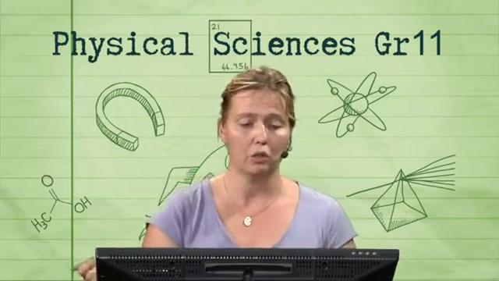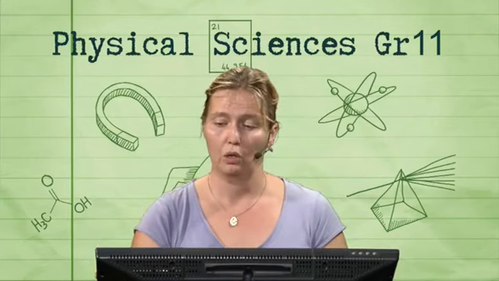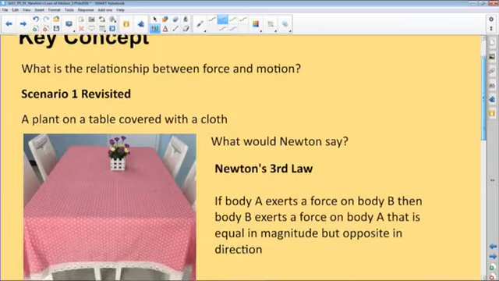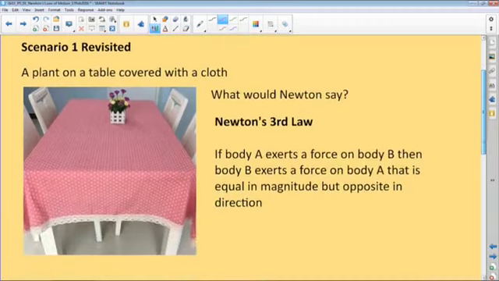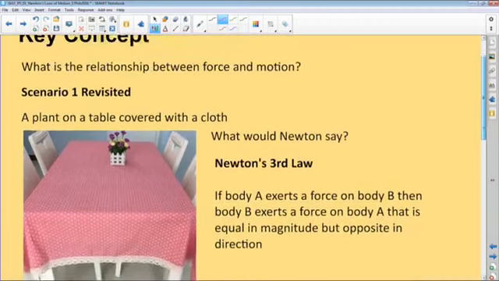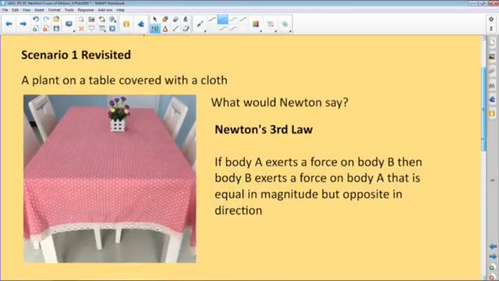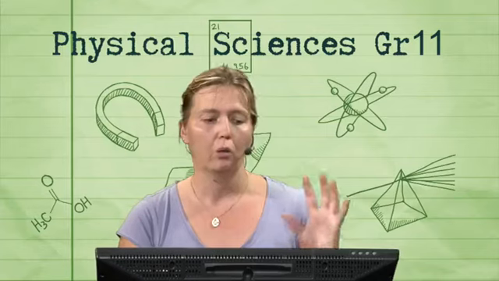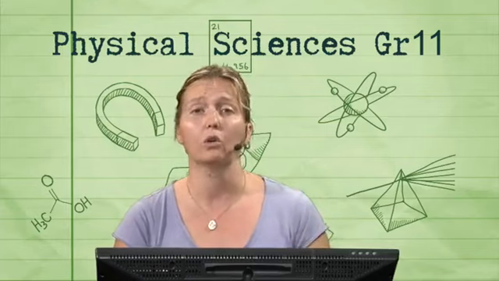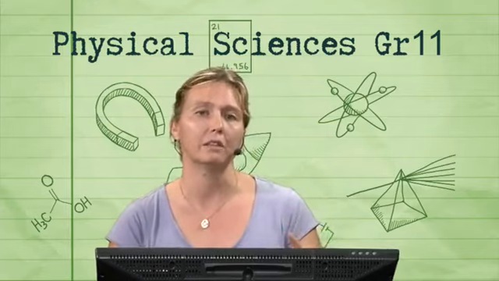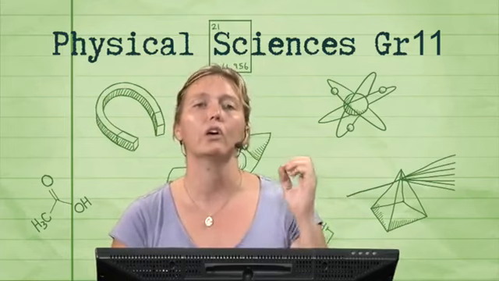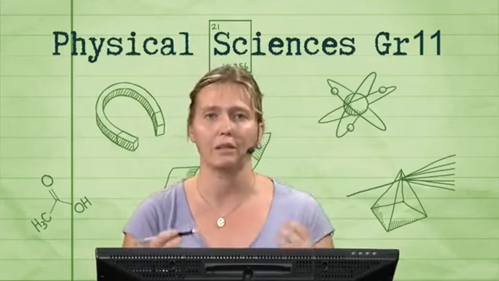We'll go on to Newton's third law in a second, but I want to look at this picture before we go on to a break. We spoke about Newton's second law when we had the billiard balls, we had the objects moving. We can still talk about Newton's second law when an object is standing still, because you're going to have zero acceleration.